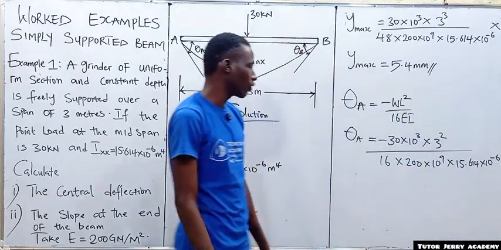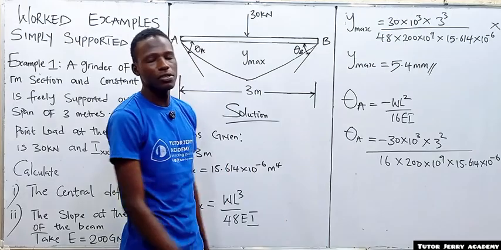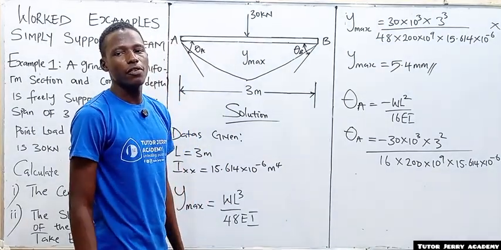Now, if we do all of this, we are going to get minus 0.0054 radian.